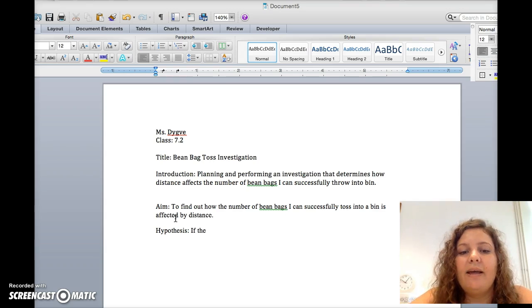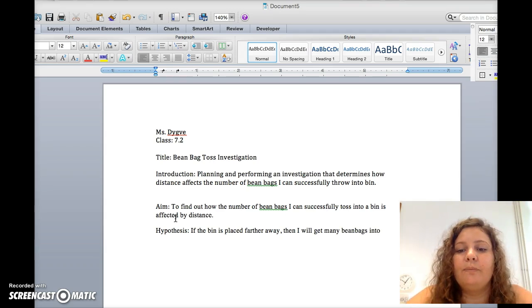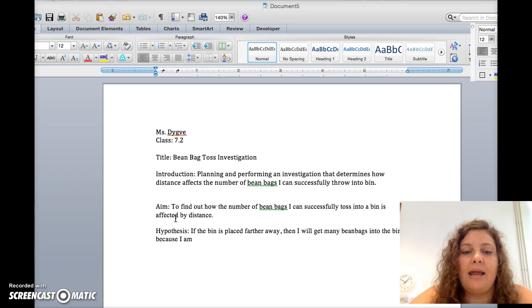So if the bin is placed farther away, then I will get many beanbags into the bin because I am a superhero.